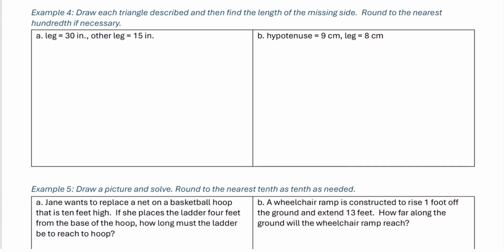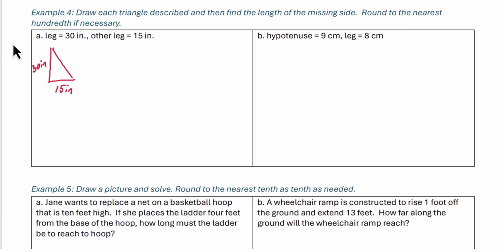In example 4, we want to draw each triangle described and then find the length of the missing side. Round to the nearest hundredth if necessary. We have one leg is 30 inches, the other leg is 15. Looks like we need to know the hypotenuse. So let's say this leg is 30 inches, then this leg is 15 inches.